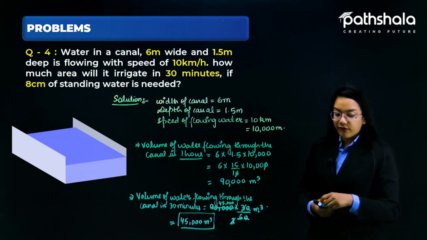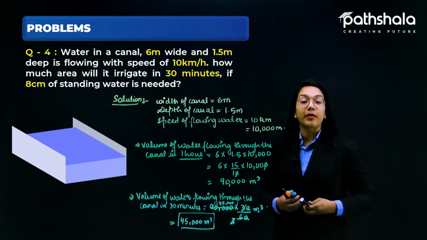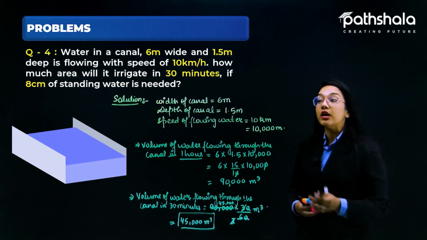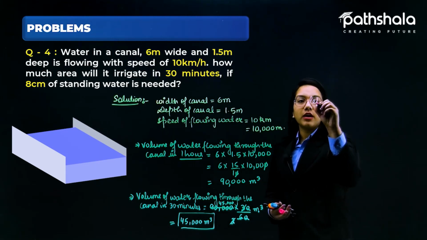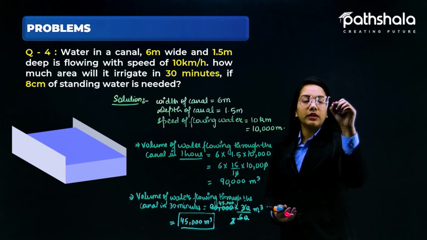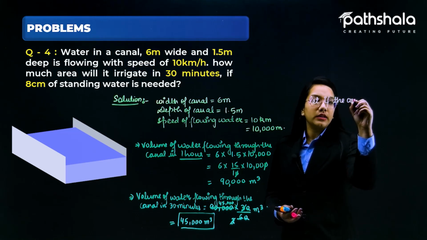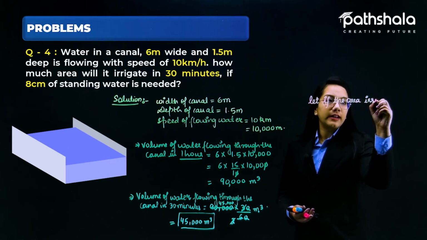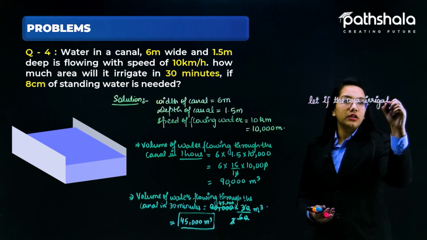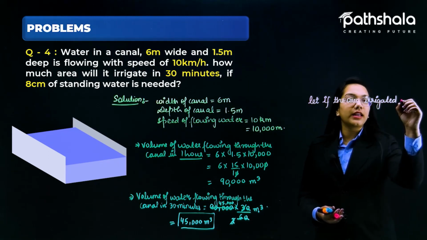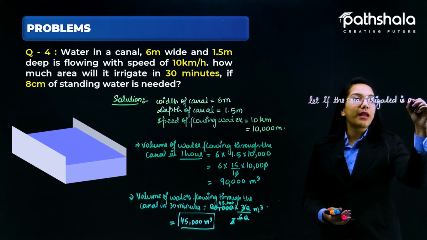Now let's move on and talk about the area, because we wanted to find the area. Let the area irrigated be A meter square.